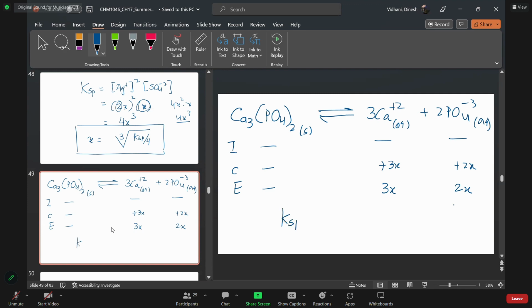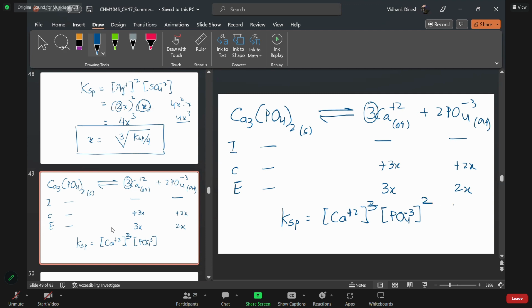So KSP would be calcium ions squared. Is it square or cube? Use the stoichiometry. It should be cubed. What should be phosphate ions? Square or cube? Squared.